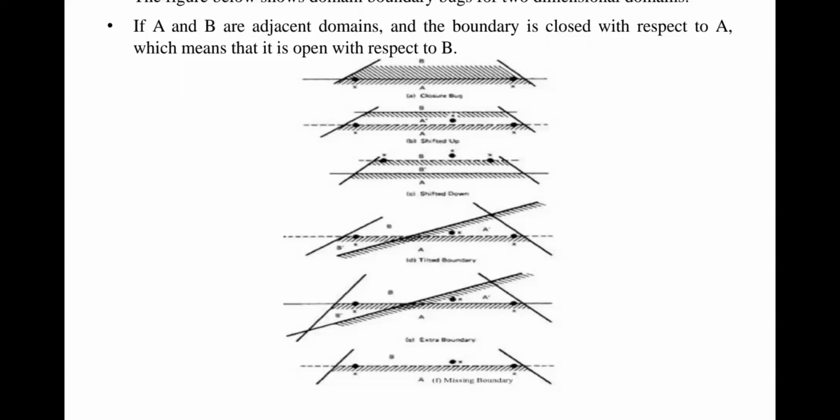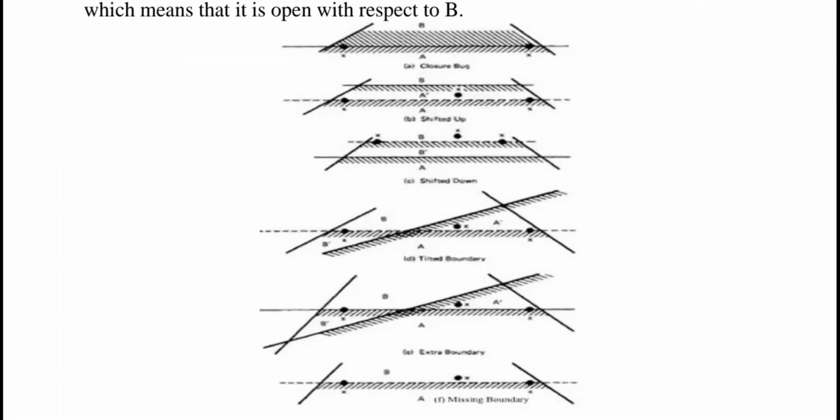The shaded lines also represent a bug. And the X points, which are represented outside when you go for a particular shift up: the X point is outside A dash, parallel to A dash.